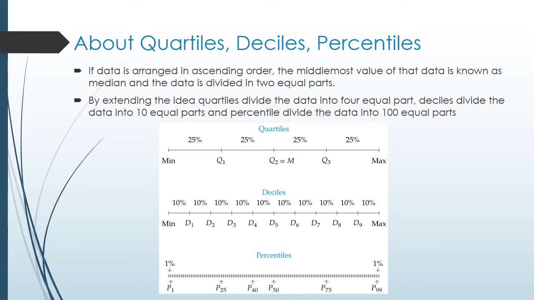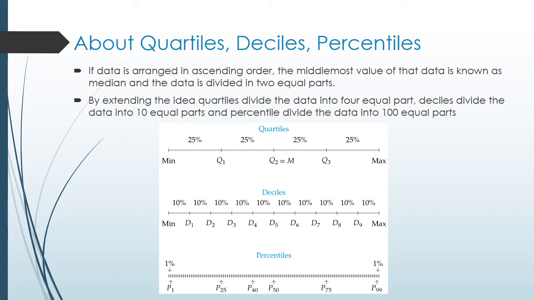By extending the idea, the quartile divides the data into four equal parts. The deciles divide the data into 10 equal parts, and the percentile divides the data into 100 equal parts.